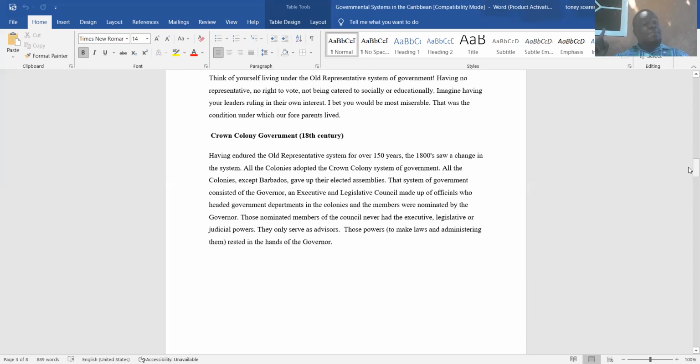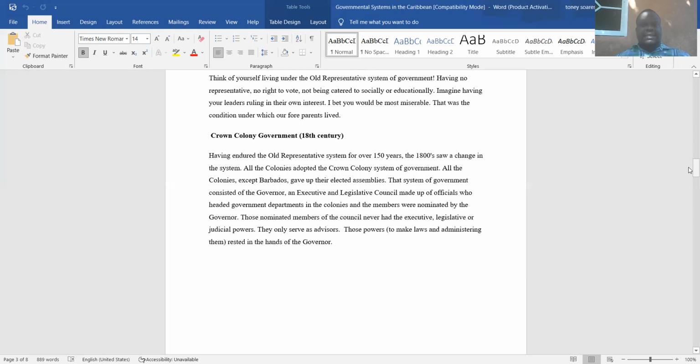All the colonies except Barbados gave up their elected assemblies. That system of government consisted of the governor, an executive, and a legislative council made up of officials who headed government departments in the colonies, and members were nominated by the governor. Those nominated members of the council never had the executive, legislative, or judicial powers. They only served as advisors.